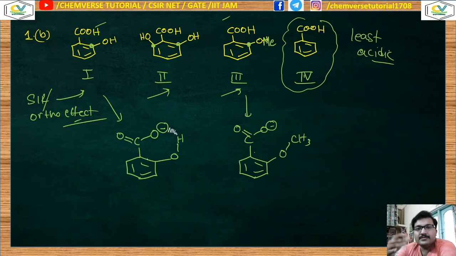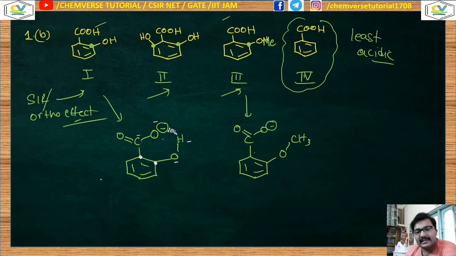For this kind of system, a 1,2-substituted benzene ring, if the hydrogen bonding forms this kind of 6-membered ring, 1, 2, 3, 4, 5, 6, this 6-membered ring is generated due to the hydrogen bonding interaction. This is highly stable. This actually matches the geometry of the benzene ring. So the hydrogen bonding is highly effective, and it will increase the stability.